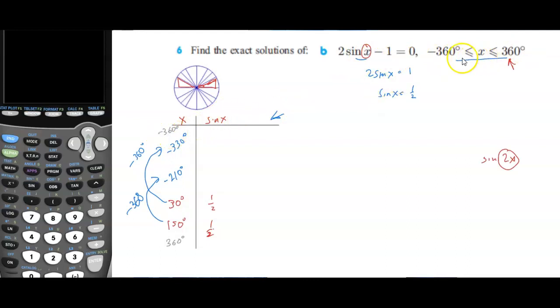Because here we can just put the regular boundaries for x here, negative 360 to 360. But if we have 2x or something here, we need to make adjustments to these gray numbers, which are our top and bottom of the interval. So that's what we're going to work on in the next section. We're going to talk about how transformations inside the sine or cosine are going to change the boundary values.